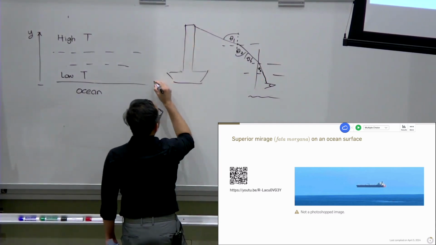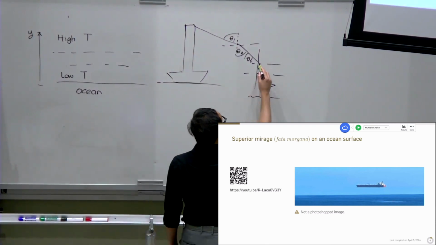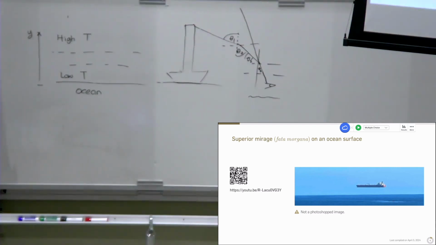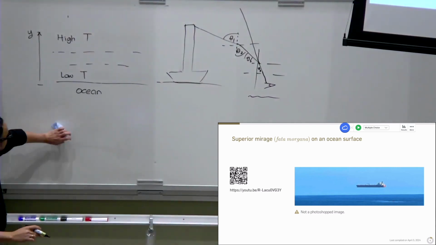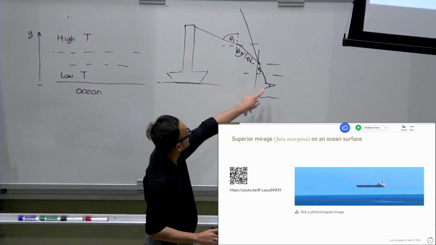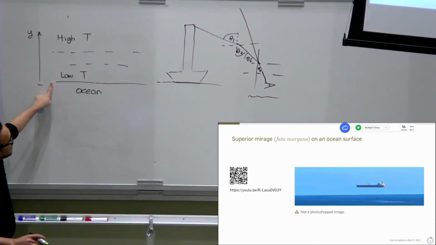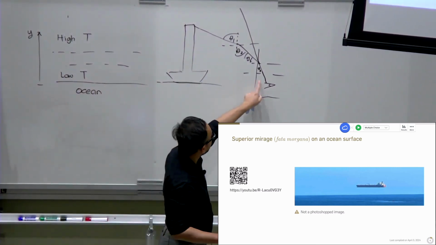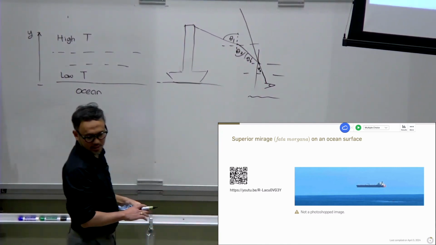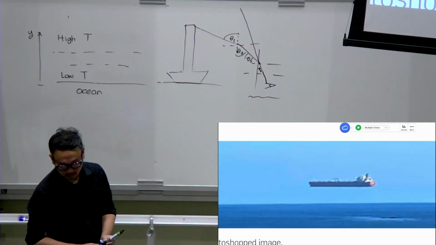The boat is on the ocean surface, but your eyes actually see the boat above the ocean surface. I apologize, I need to check the refractive index. But the idea is your brain doesn't know that there are different layers of medium, and it only interprets the angle, and because of that, it forms an image that is above the surface, like this.